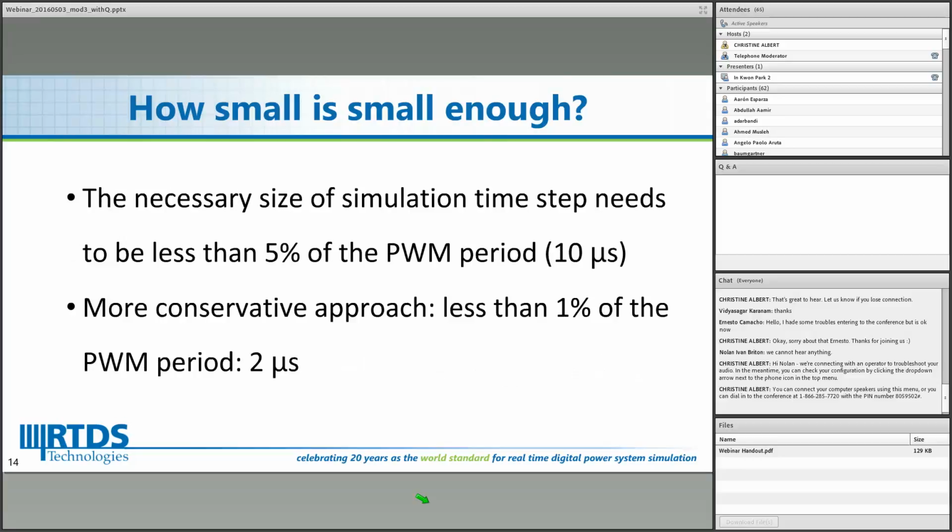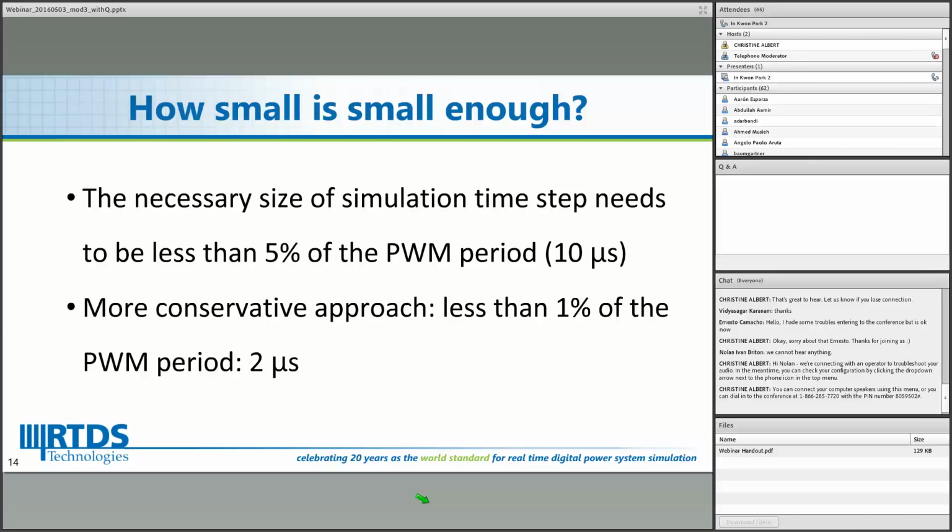Then some literature says that the necessary simulation time step for a power electronics simulation should be less than 5% of the fastest dynamics. Fastest dynamics usually means your switching frequency. So if the switching frequency is 5 kilohertz, or your switching period is 200 microseconds, then the necessary time step size becomes 10 microseconds.